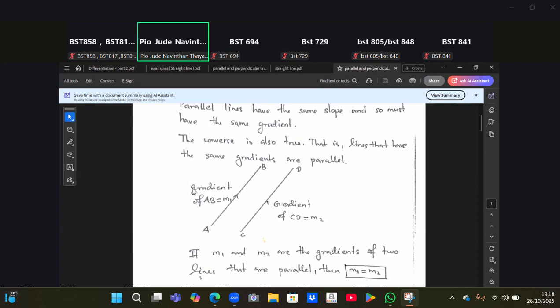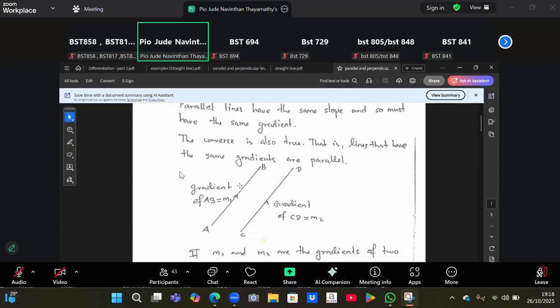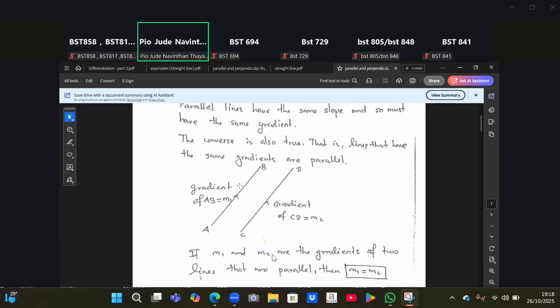And A and B, if we extend that one, that also goes straight, not touching, right? Straight line. For parallel lines, sometimes they will say the railway track, right? Actually, that is not a parallel line because it is a straight line. If it is a straight line, we are saying parallel, right?